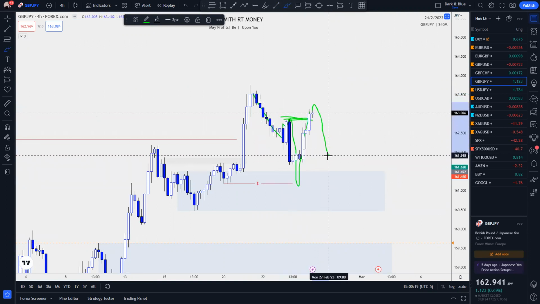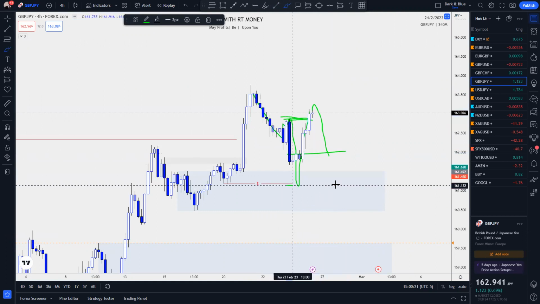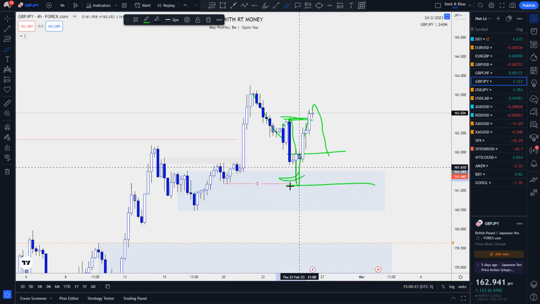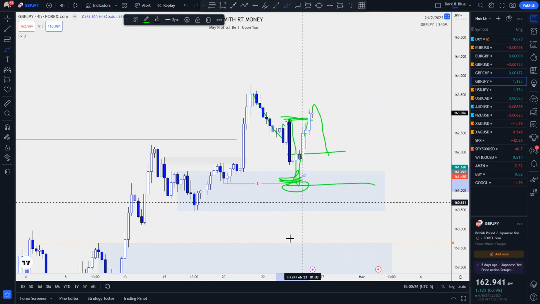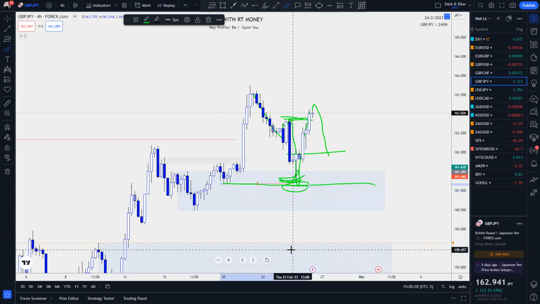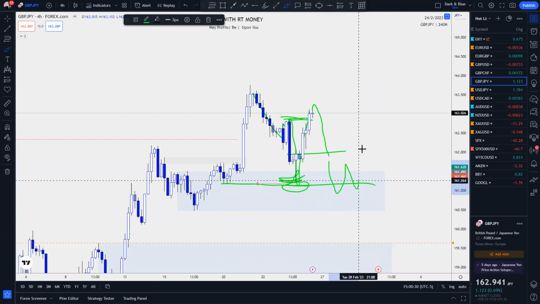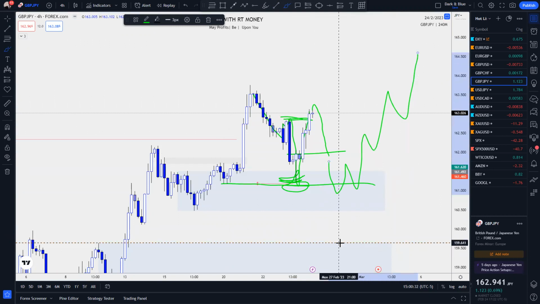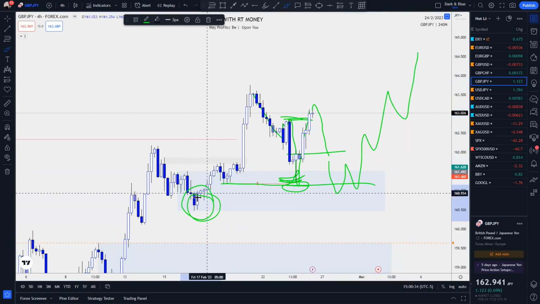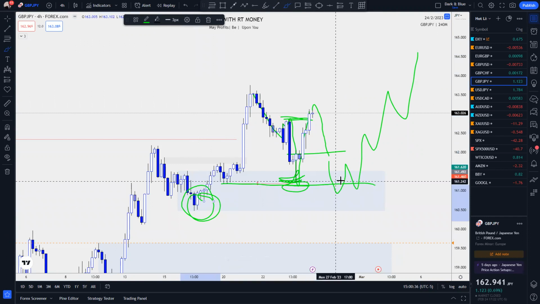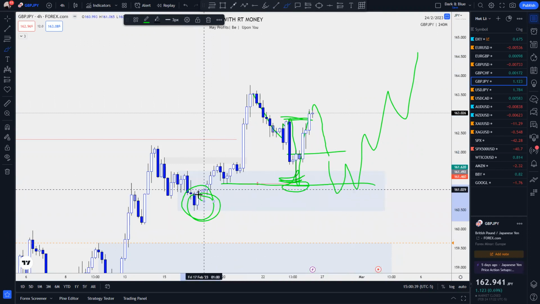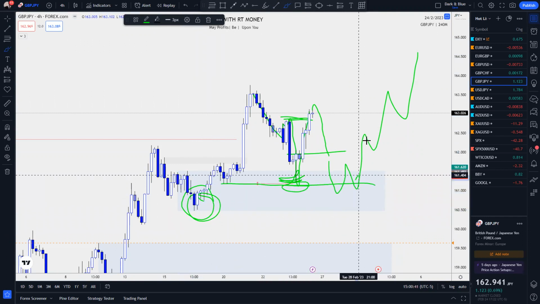I'm looking for price to pull back into this zone area here, quite possibly to sweep the low of this candle to take that liquidity and then continue higher. Holding this low, just respecting the low and continuing higher.